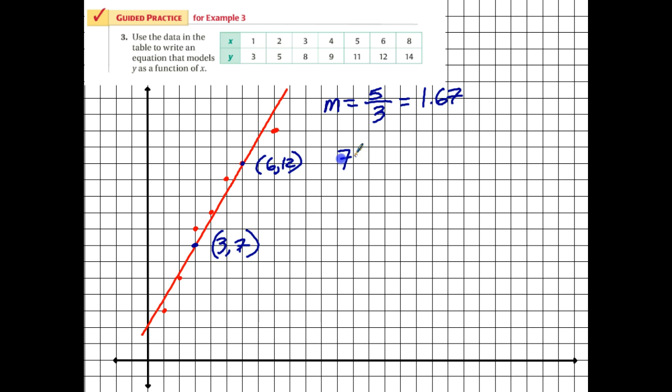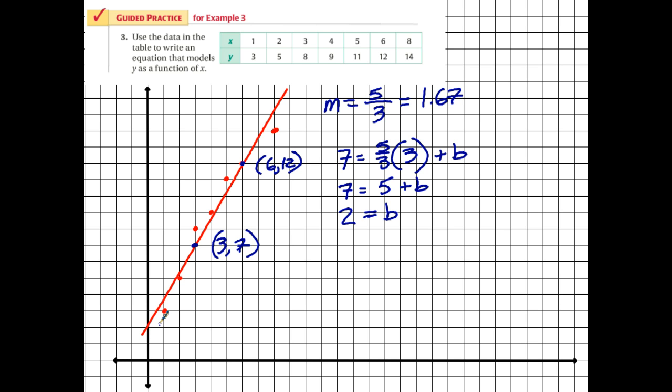So I got 7 is equal to 5/3 times 3 plus b. Okay, and this is going to be nice because 3 and 3 are going to cancel out, and I'm going to get 5. So 5 plus 2 is equal to b. And actually, remember how I said I hesitated using that point down here, but it wouldn't have mattered because we ended up sort of using it anyway.